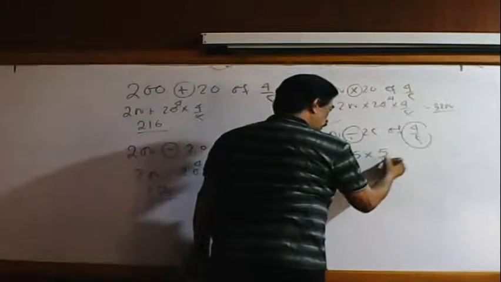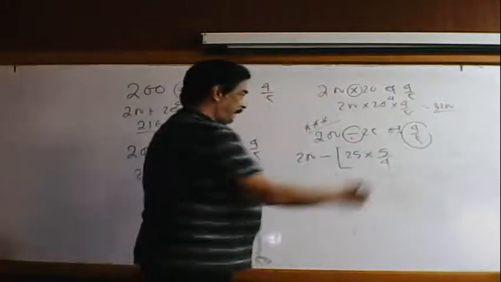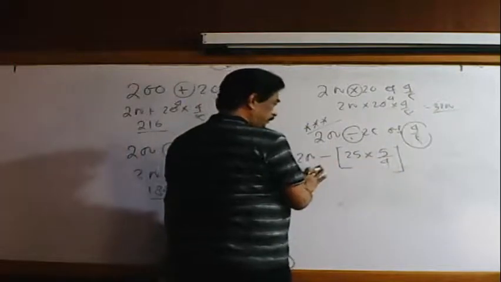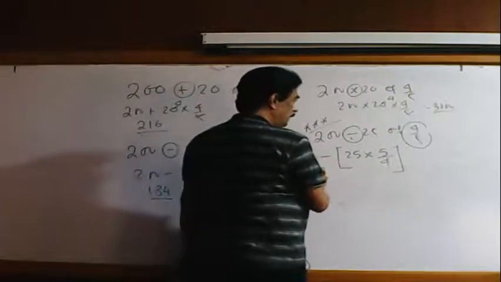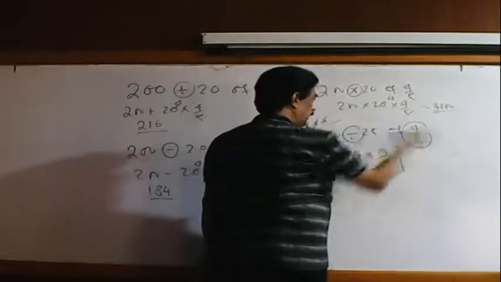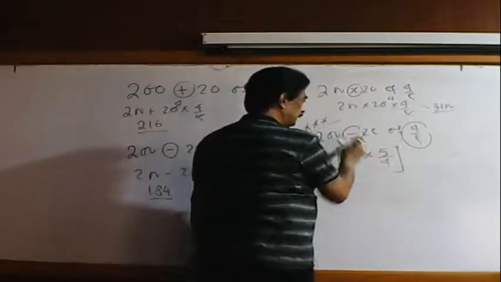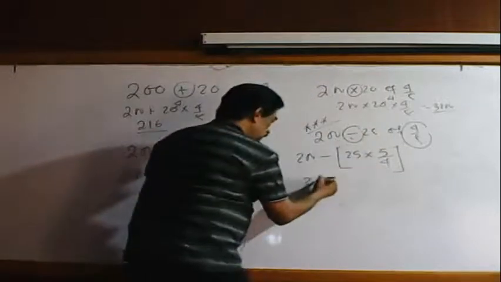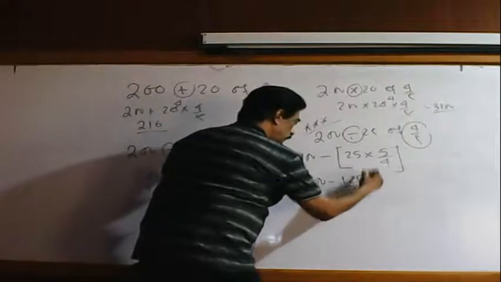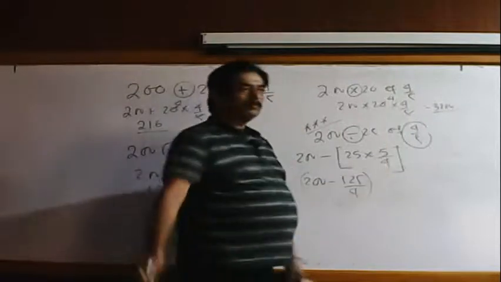Write down 5 by 4. Again, your result 200, keep it pending, division sign. 25 multiply reciprocal, before 'of' there is a division sign, 5 by 4. So that is 200 minus 125 by 4, whatever may be, that is your answer.